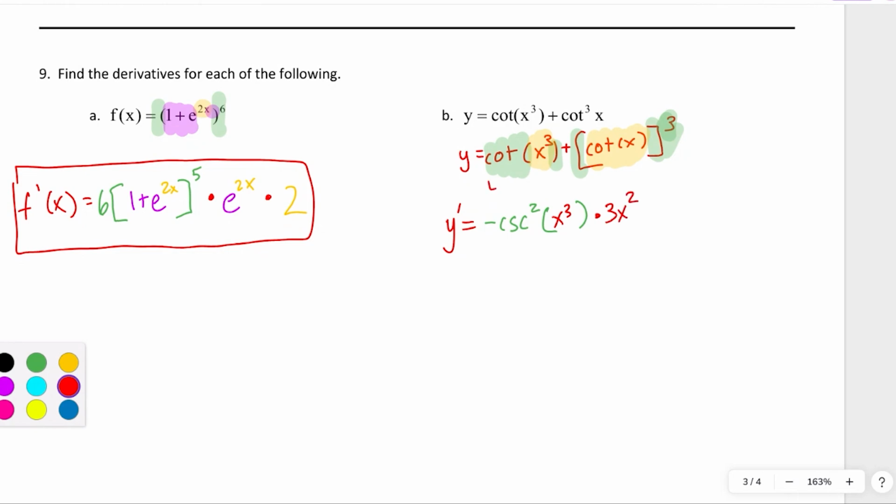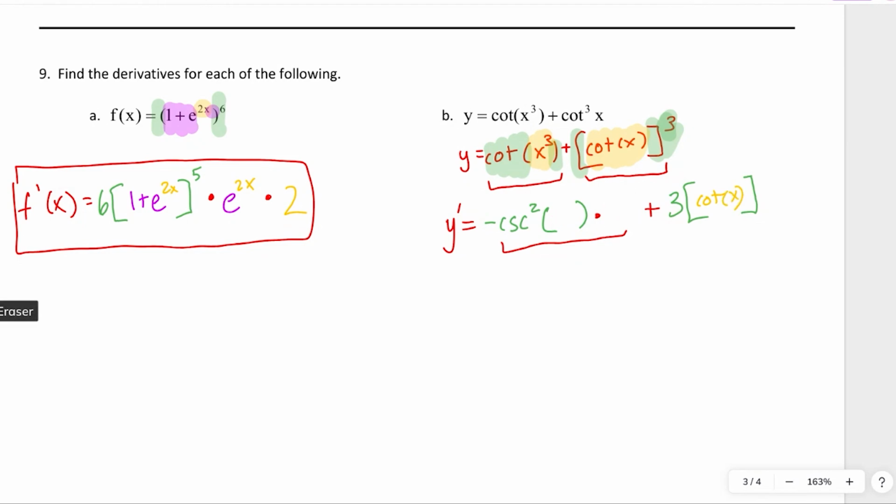And so that's the derivative of this piece. We've already done that one. Now we want to find the derivative of this piece. So plus, we'll start with the outside function, which is quantity cubed. So 3 times cotangent x squared times the derivative of cotangent x, which we just said was negative cosecant squared.